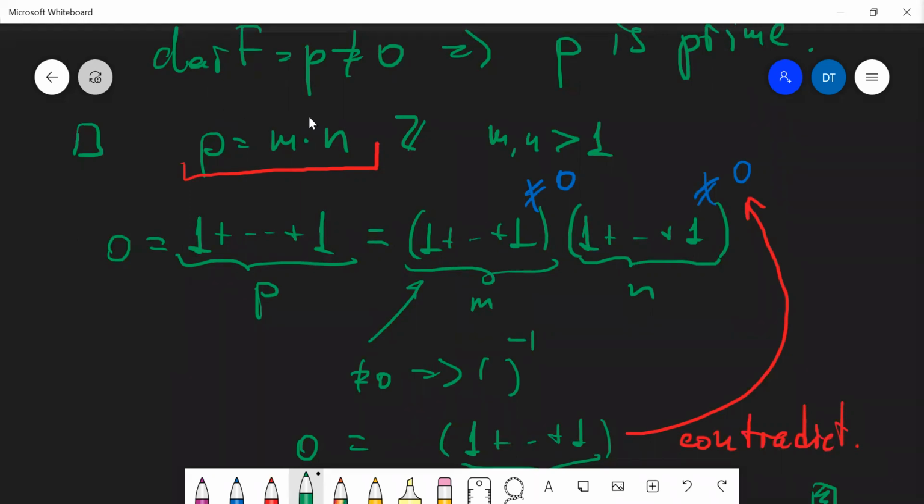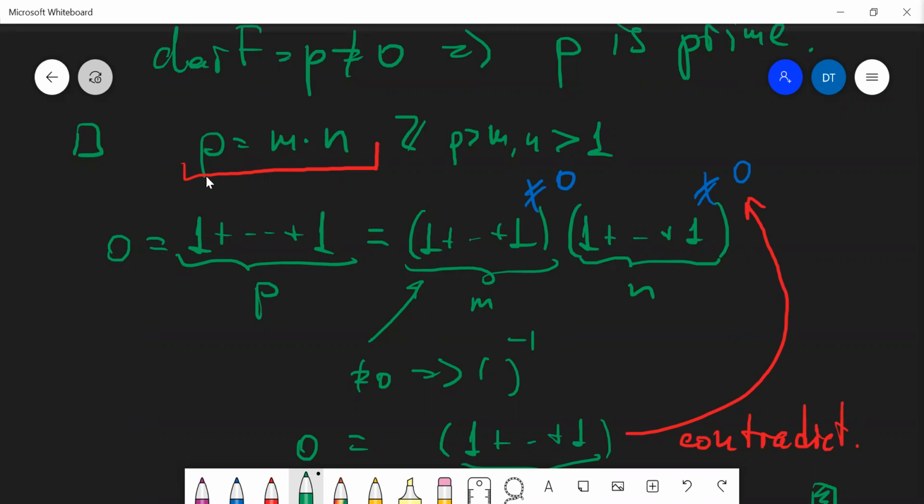First of all, this is the point where we get the contradiction. We assume that p is not prime, so m and n are strictly smaller than p and strictly larger than 1. Let me add this part here. So m times 1 is not 0, and n times 1 is not 0, because p was the smallest possible integer such that p times 1 equals 0.